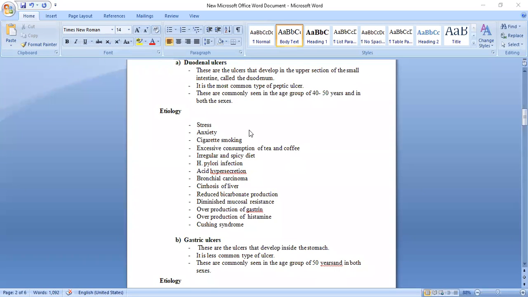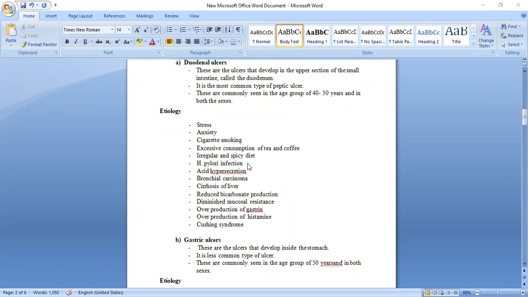Okay, let it be. Etiology: stress, anxiety, cigarette smoking, excessive consumption of tea, coffee, irregular spicy diet, H. pylori infection. Actually, H. pylori is there in our body, in the GI tract. But if it is within the limit, it is okay.